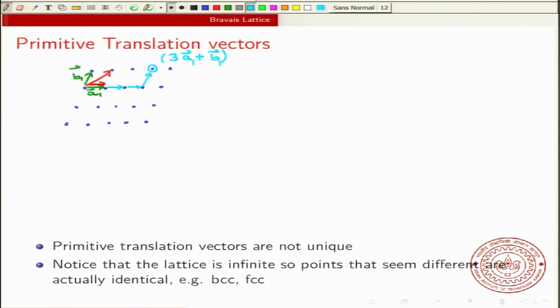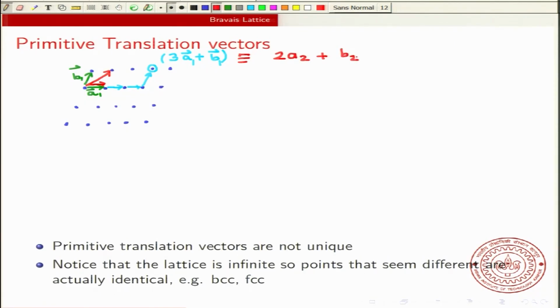Now, I have A2 which is the same as A1, but B2 is not the same as B1. And in this case I can write the same point as 2 A2 plus B2.